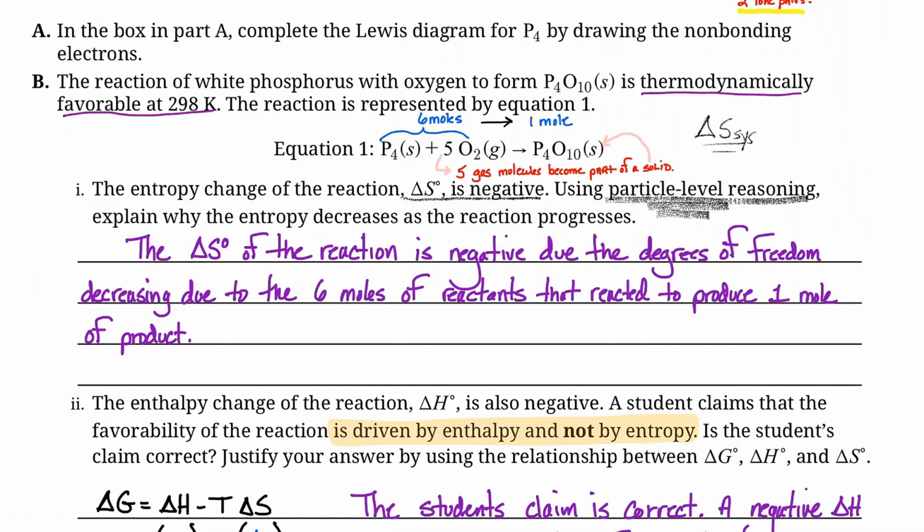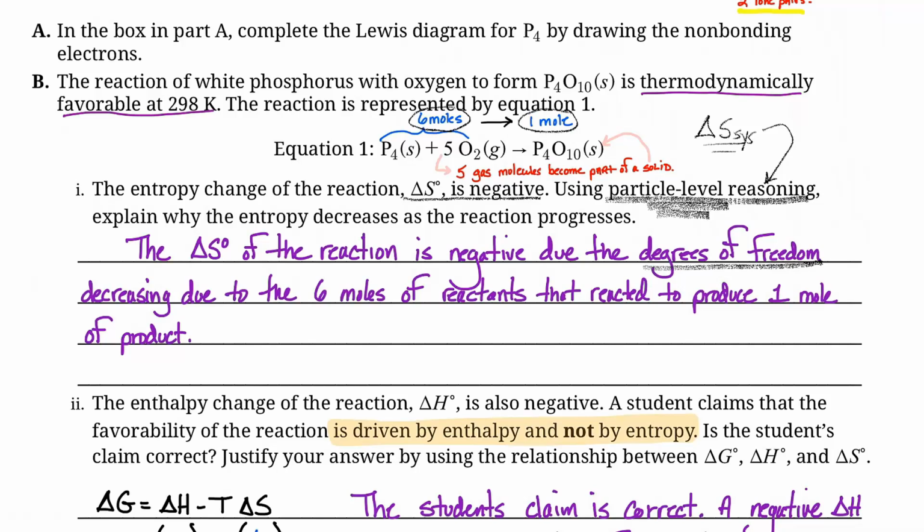They don't talk about the surroundings too much, but the point is that it is tied to how well the particles will disperse their motion energy, their kinetic energy. And in this case, we have 6 moles of free molecules becoming 1 mole of one solid. So the degrees of freedom, and those are the words I love to use, are going to decrease.